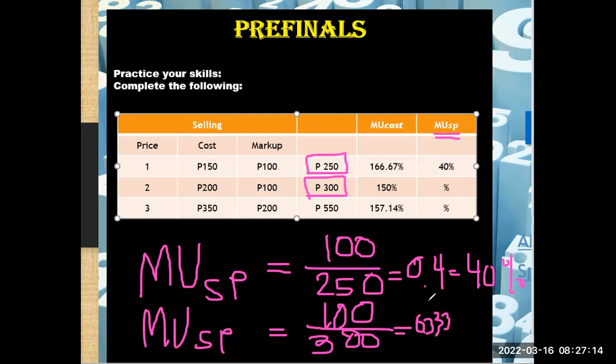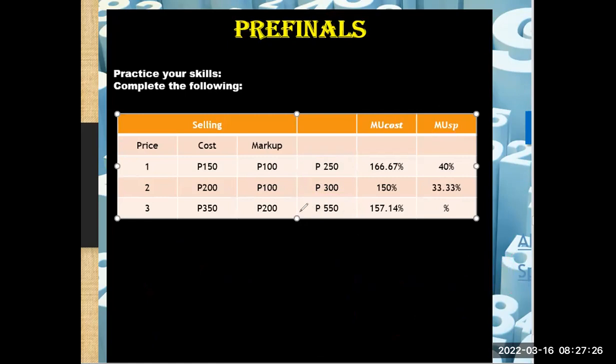Ayan, repeating yan. That is equal to 33.33%. And one more para dito sa product number 3.